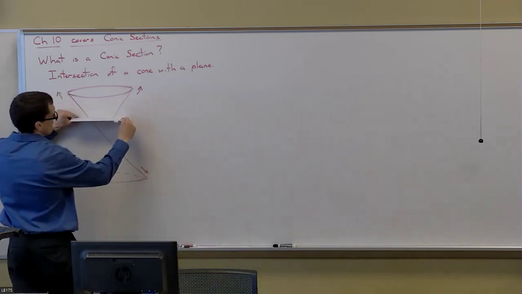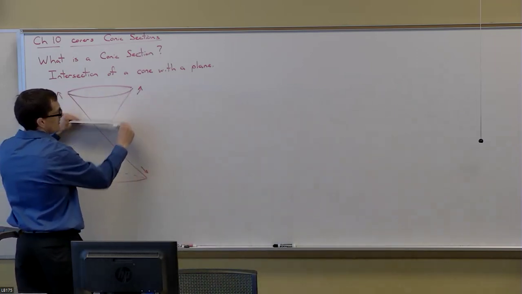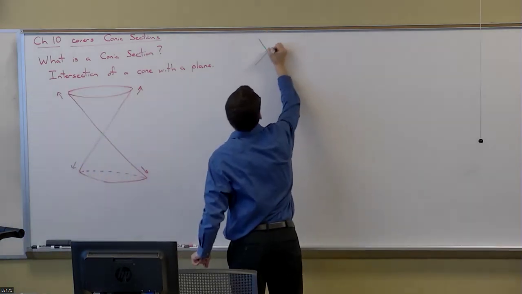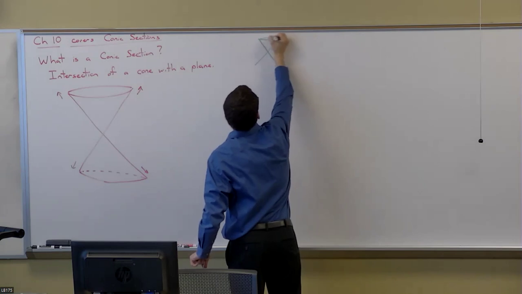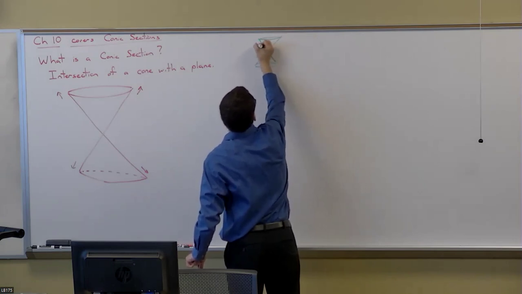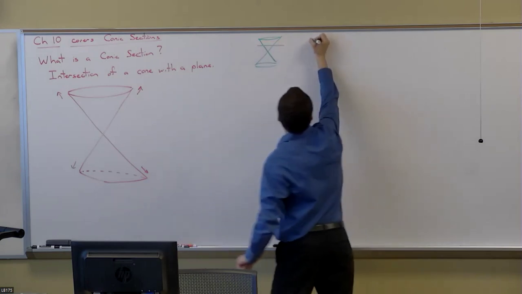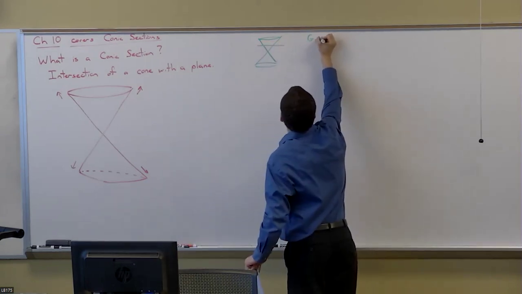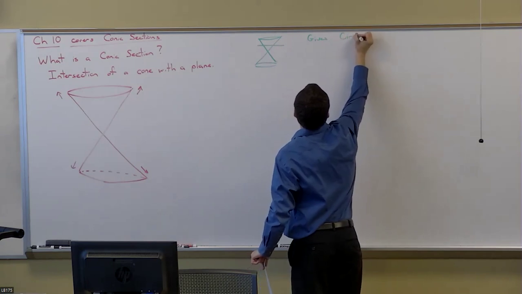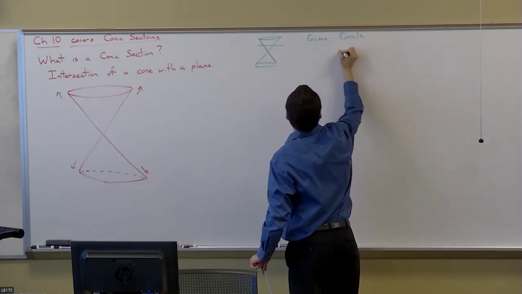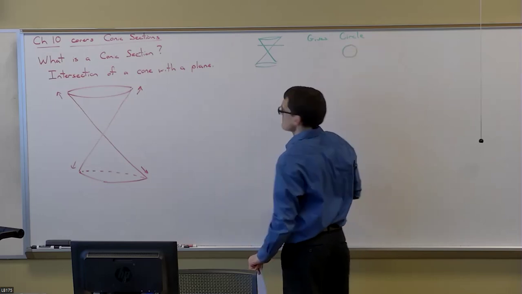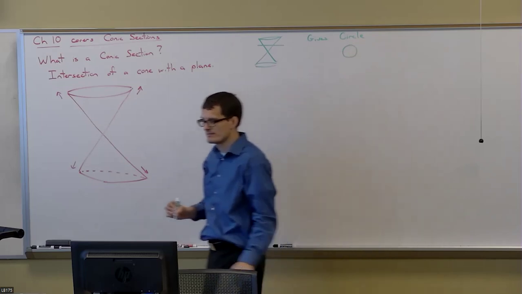If my slice is here, my slice is horizontal, then I get a circle. So on the plane, you would just see a perfect circle.